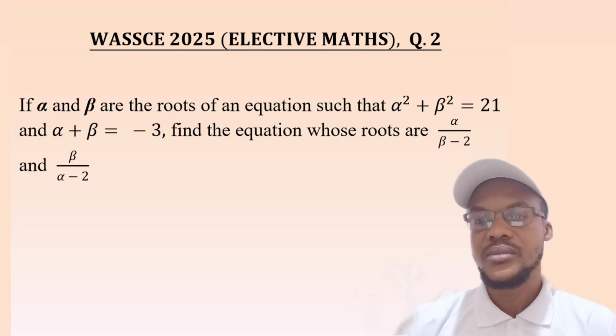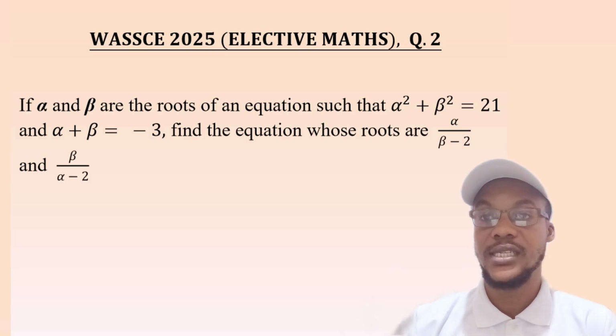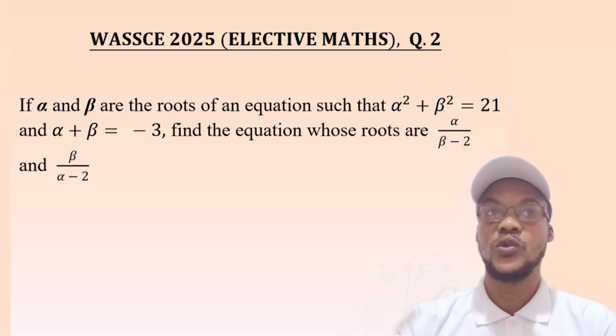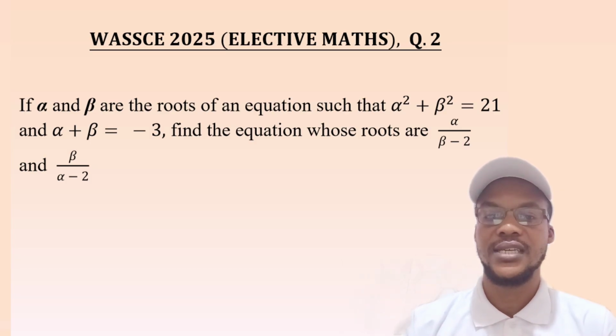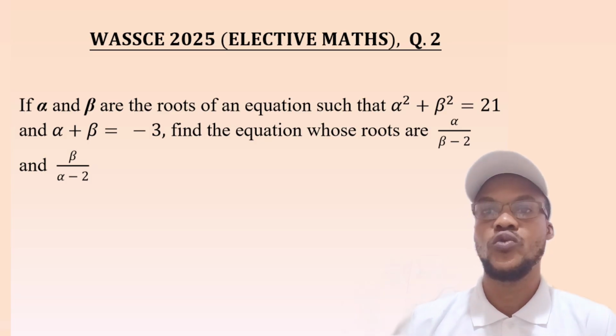Whenever you solve a quadratic equation, whatever solution or answer you get is called a root of the equation. So in this case, we are given alpha and beta as the roots.